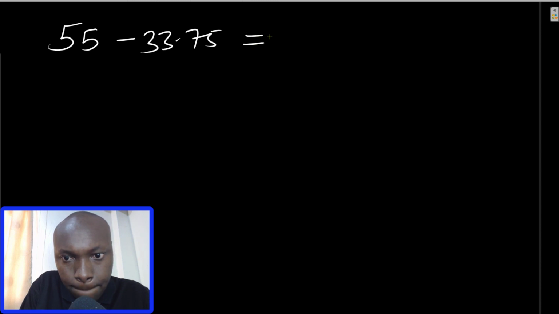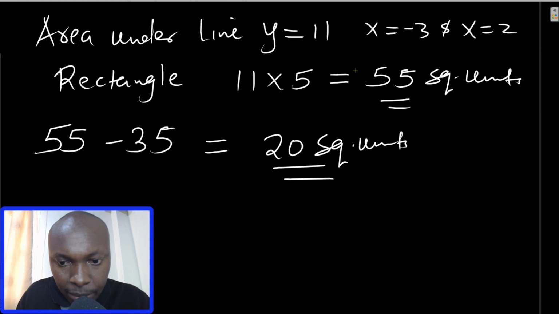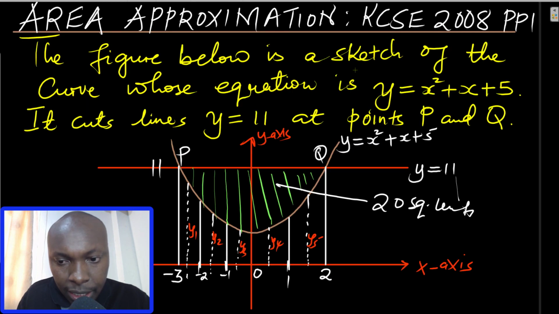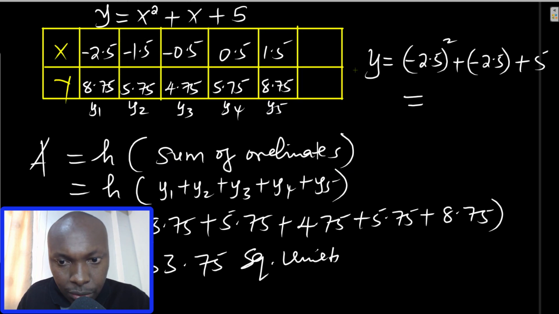This will give 21.25 square units. So this is the area bounded by the line y is equals to 11 and that curve using the mid-ordinate rule.